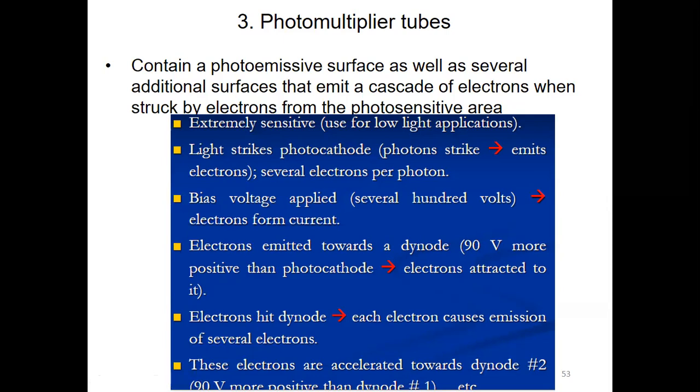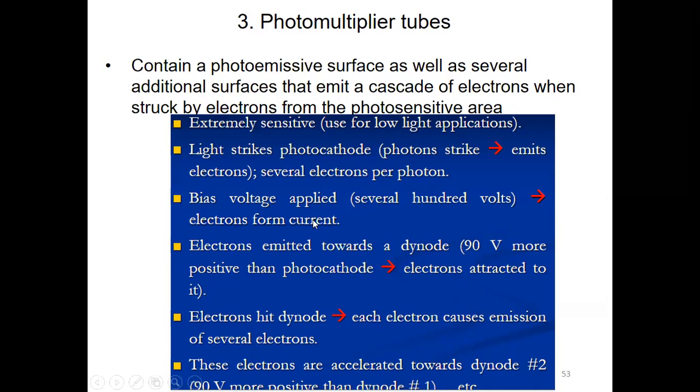So it is extremely sensitive. Light strikes the photocathode, several electrons per photon. Now we already know when the photons strike, it emits several electrons. And bias voltage is applied, several hundred volts, and the electrons form a current.